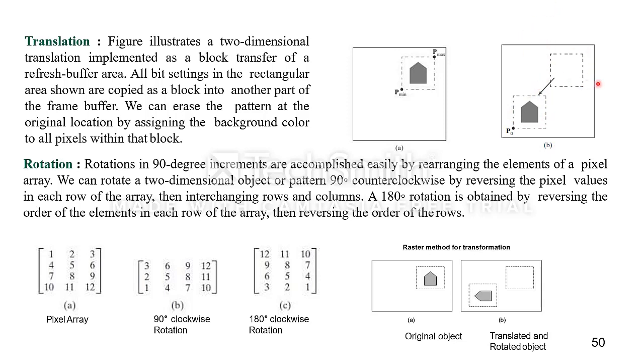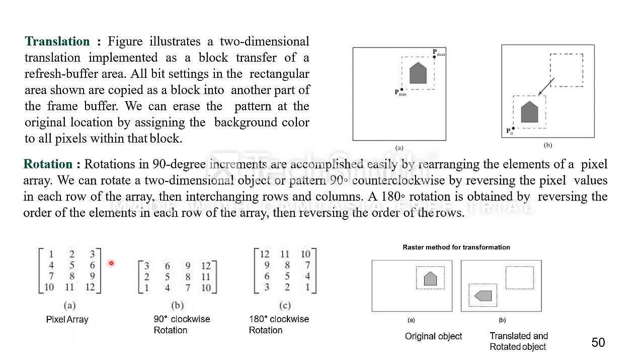So if we want to erase this part of the frame buffer, then we can assign the background color to the pixels within this block, so that it will be the same as the background color. So we can assume that it is erased.